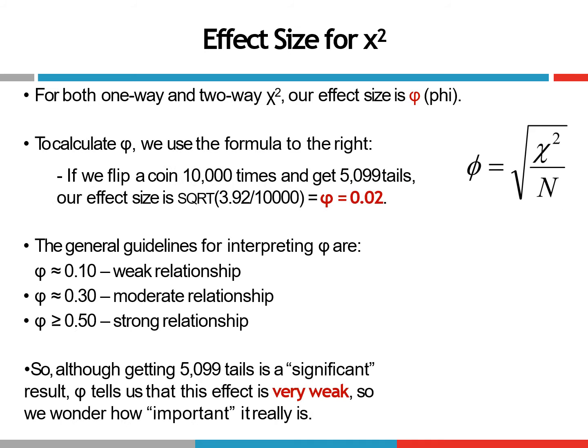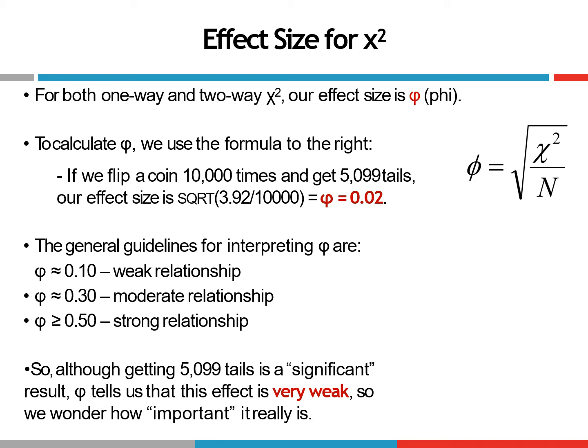Right? So for both the one-way and two-way chi-square test, our effect size is going to be indicated by phi. So to calculate phi, we use the formula: we would take our obtained chi-square value, divide it by the sample size, and take the square root. Okay?